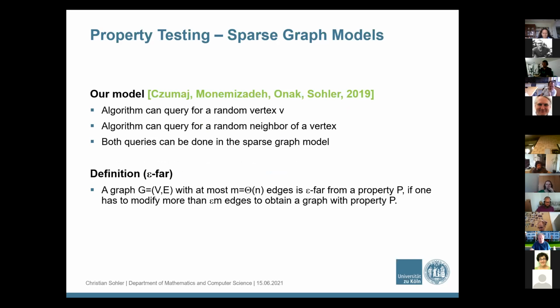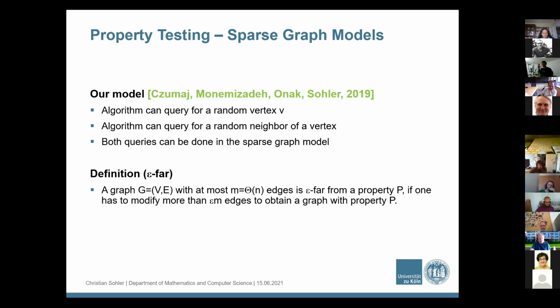Then at some point I looked with Arthur Czumaj, Morteza Monemizadeh, and Krzysztof Onak at this model, or at a slight variant of this model. So we were assuming that we can query for random vertices and query for random neighbors, which are things which we can do in the sparse graph model by Parnas and Ron.